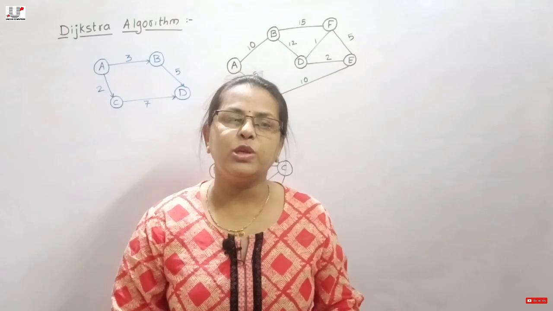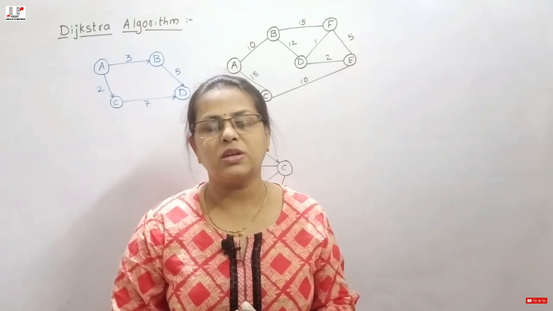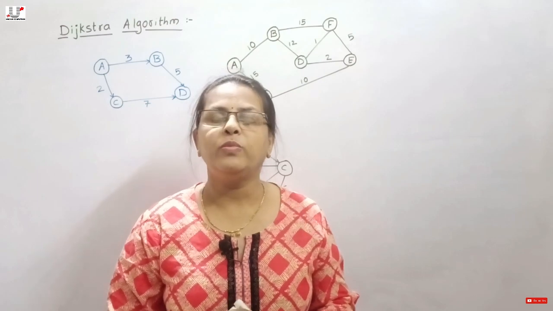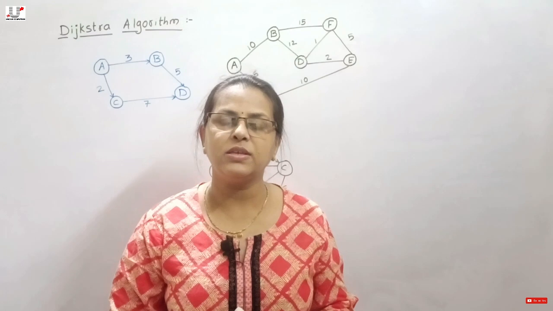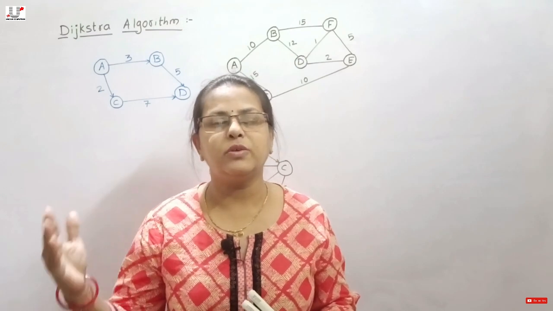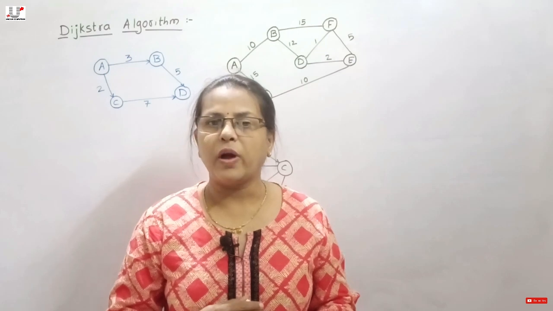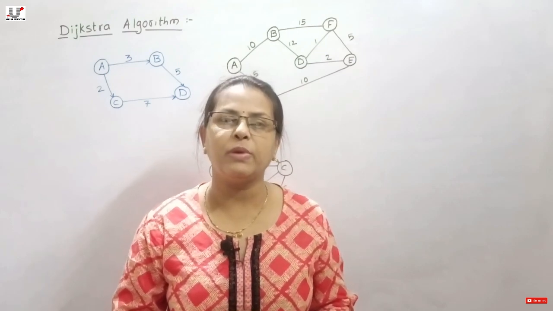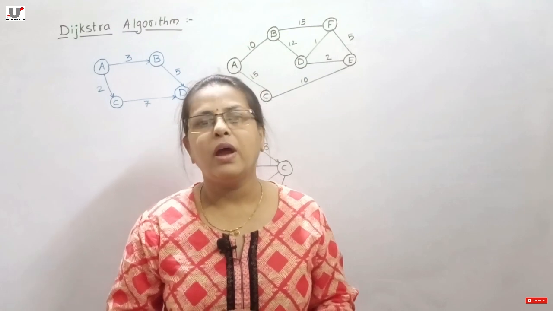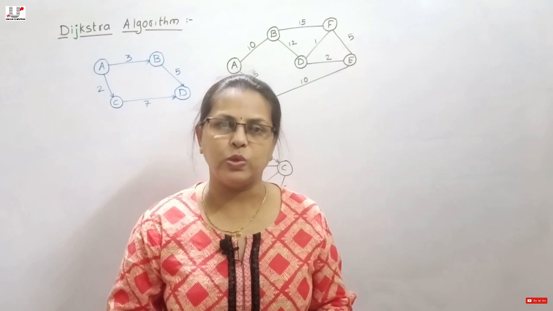Dijkstra algorithm is used to find the single source shortest path from a starting vertex, or we call it a source vertex, to all the other vertices. As it is used to find the shortest path, that means it's a minimization problem, and to solve the minimization problem, the greedy technique is used.